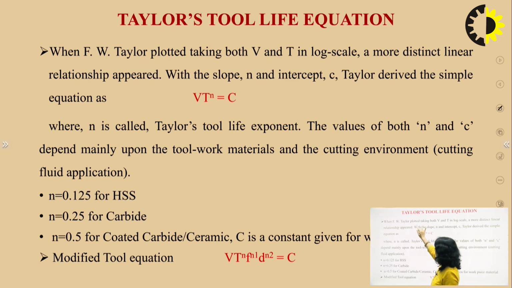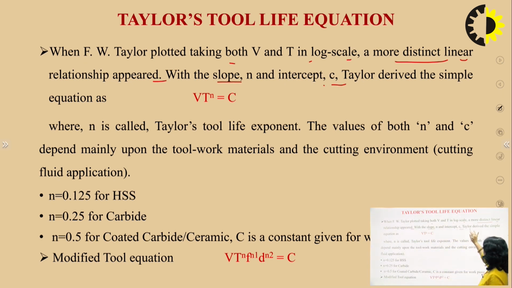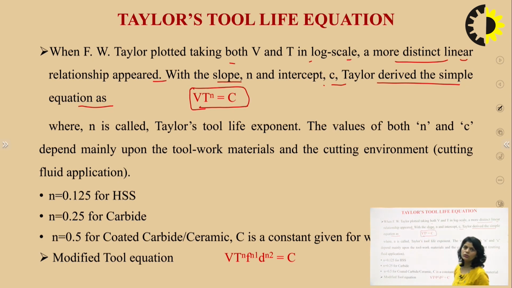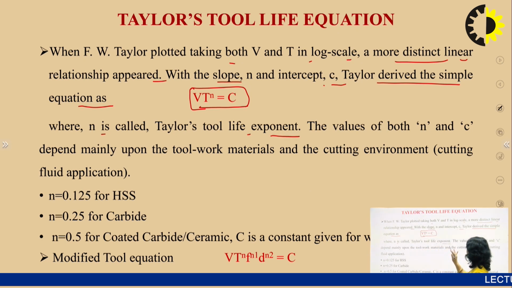When F.W. Taylor plotted taking both V and T on a log scale, a more distinct linear relationship appeared. With the slope n and intercept c, Taylor derived the equation as V into T to the power n is equal to C. This is the equation which is known as the Taylor's tool life equation. n is basically the Taylor's tool life exponent.